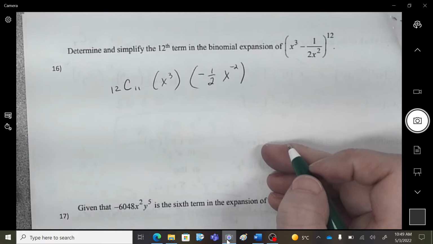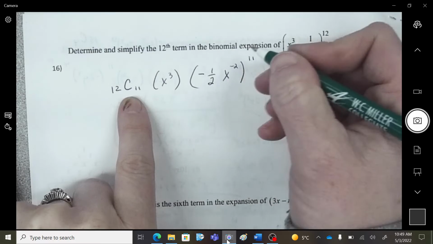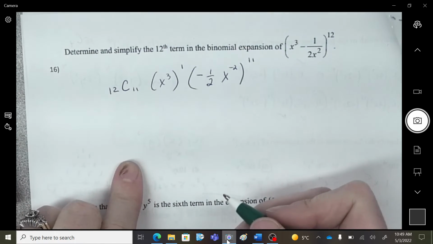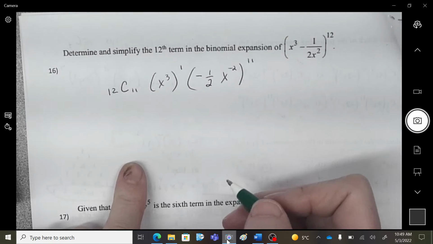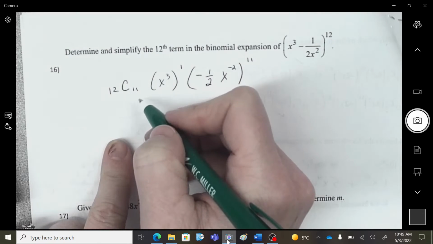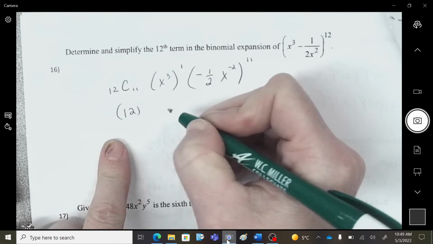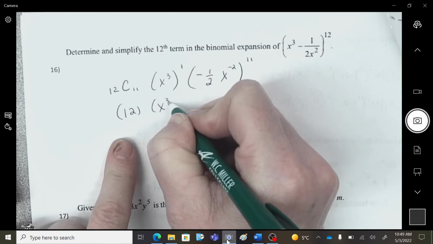So I separated the value of the coefficient and the variable there. So negative 1/2 is the coefficient, and x^-2 is the exponent piece. So this will have an 11, and this would have a 1. Okay, so 12 choose 11 is 12. This would just be x cubed.